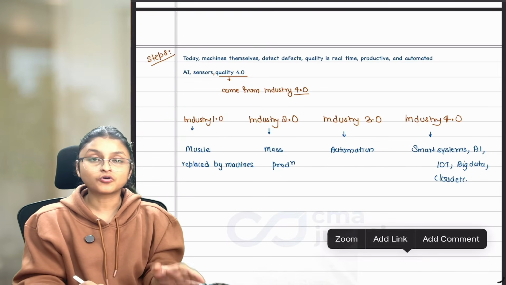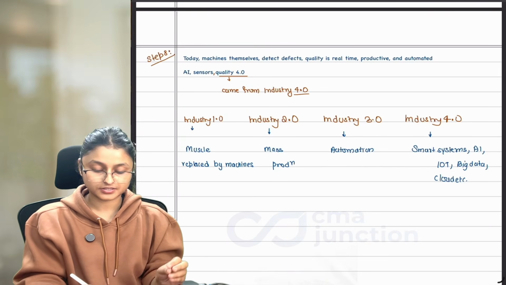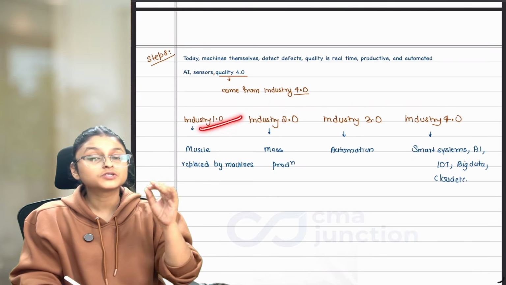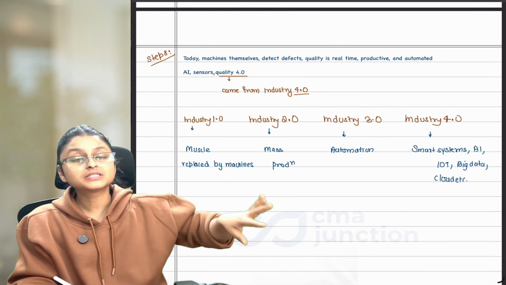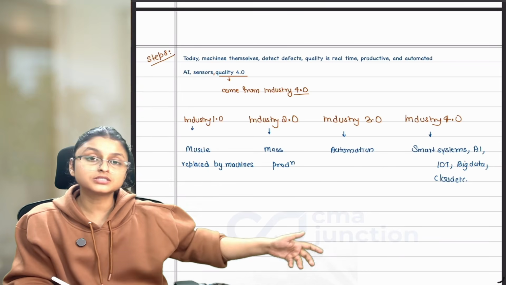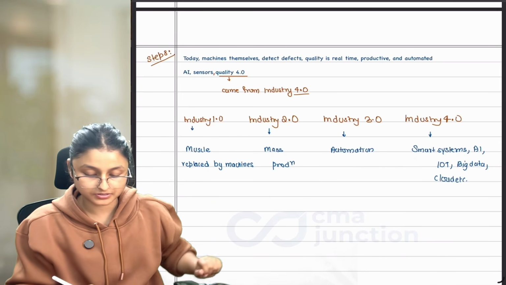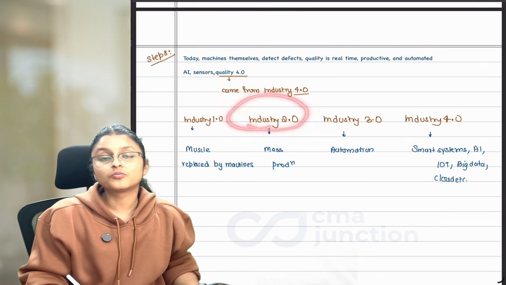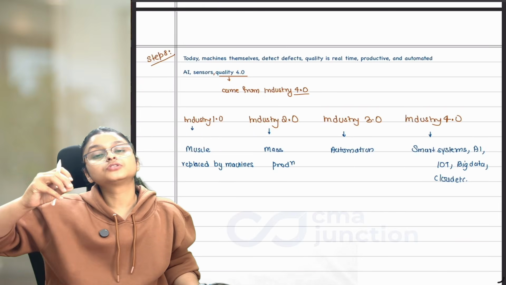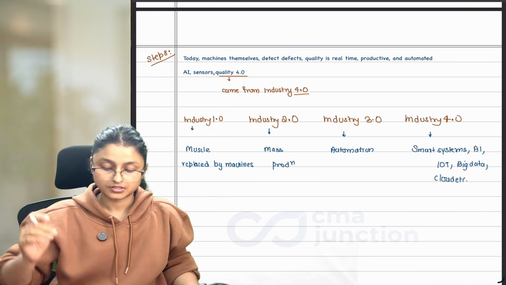Industry, according to its eras, is divided into 4 categories as of now. The first one was Industry 1.0, when muscle was replaced by machines, when industries started using machines as compared to manual labor. Then Industry 2.0 was when mass production started, when companies started producing large quantities together.